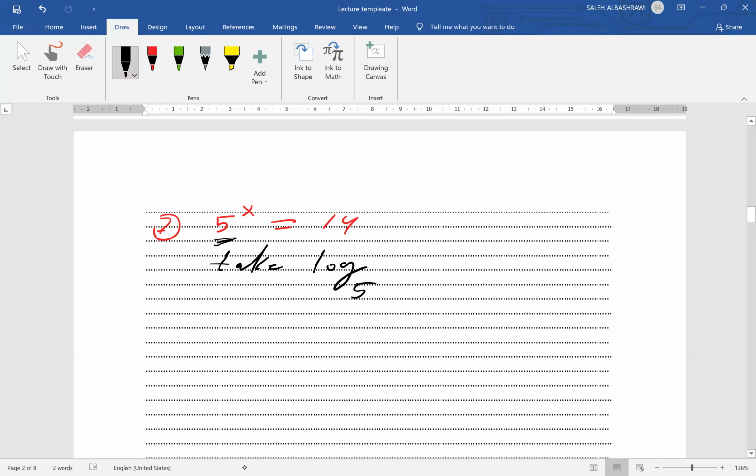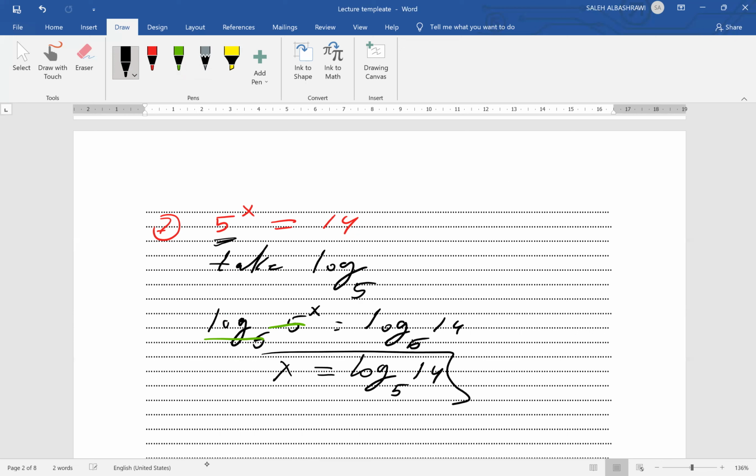So I will have log base 5 of 5 to power x equal to log base 5 of 14. Now I'm using the properties of the logarithm since I have the same base 5. Using the property, I will have only x in the left-hand side and the right-hand side will be log base 5 of the number 14.